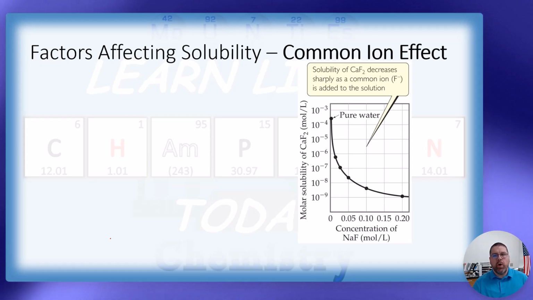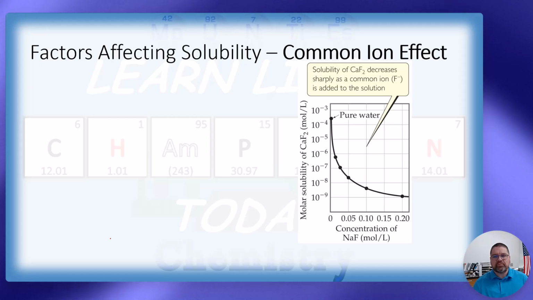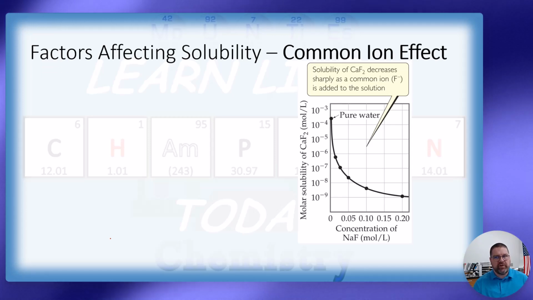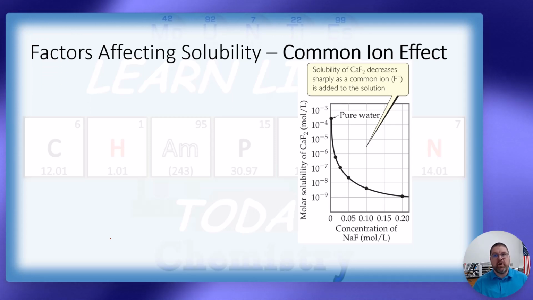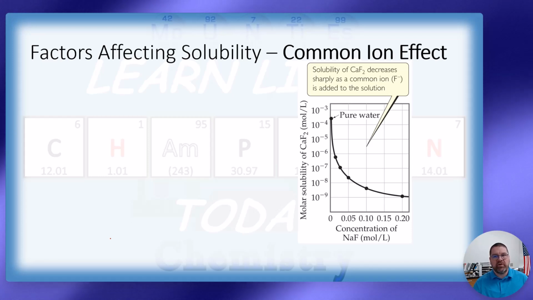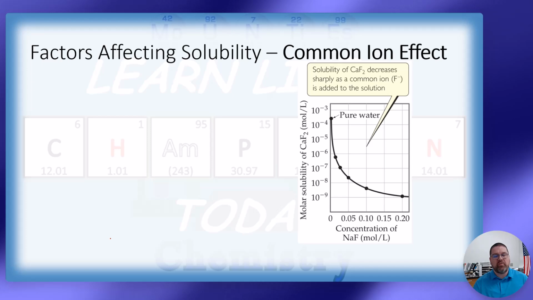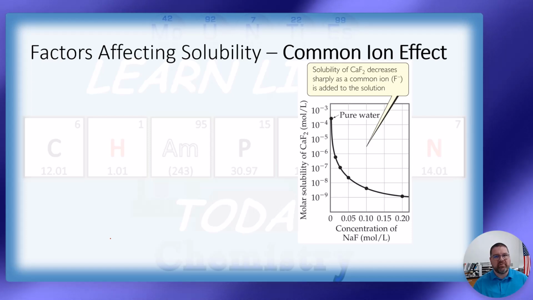And so what we see is that as another substance, sodium fluoride, is added, the molar solubility of calcium fluoride drops off dramatically. That drops off because of something known as the common ion effect.